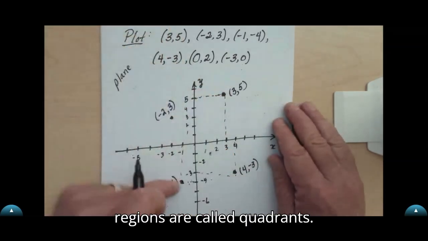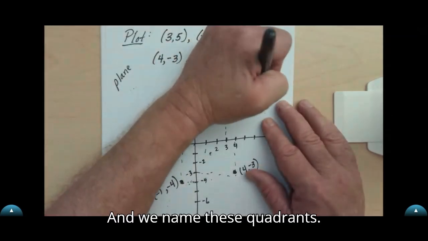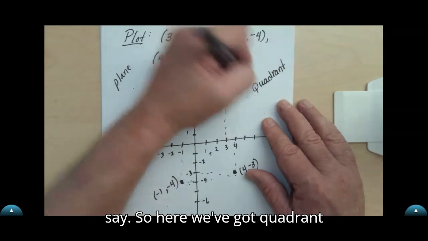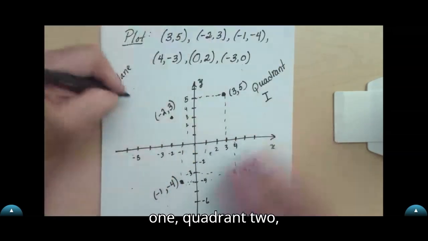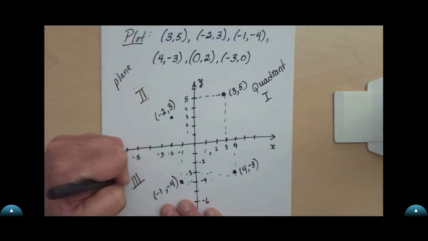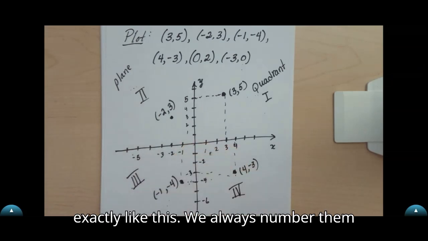And so these 4 regions are called quadrants, and we number them. So here we've got quadrant 1, quadrant 2, quadrant 3, and quadrant 4.